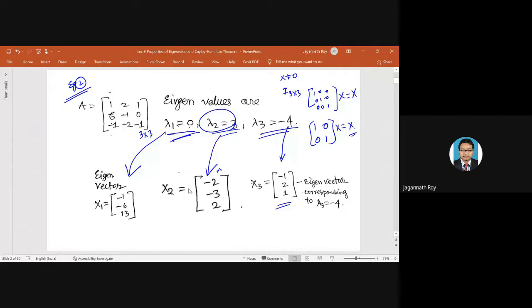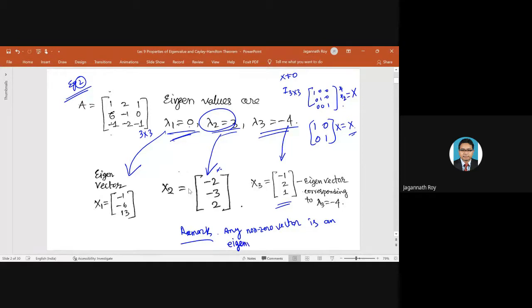So any non-zero vector is an eigenvector of the identity matrix of order n by n, corresponding to the eigenvalue lambda equals 1.